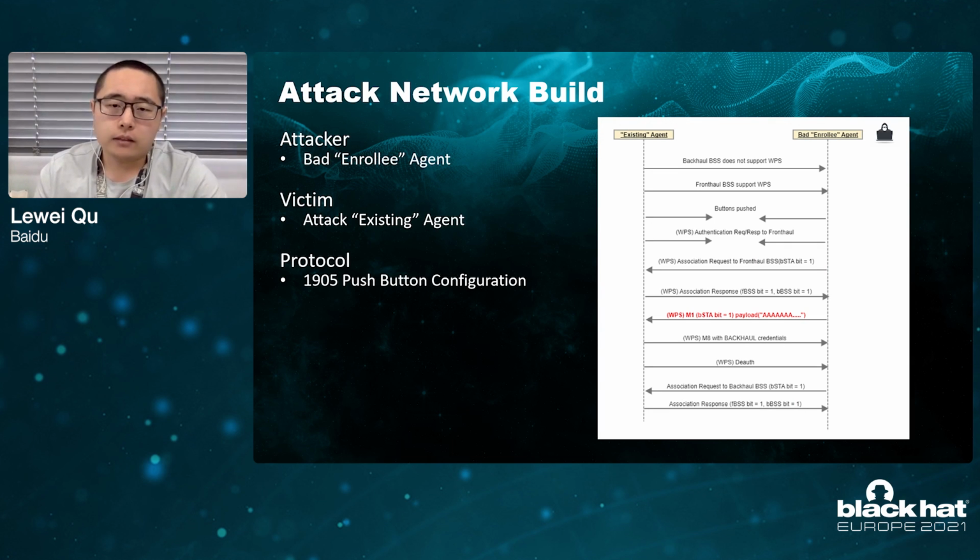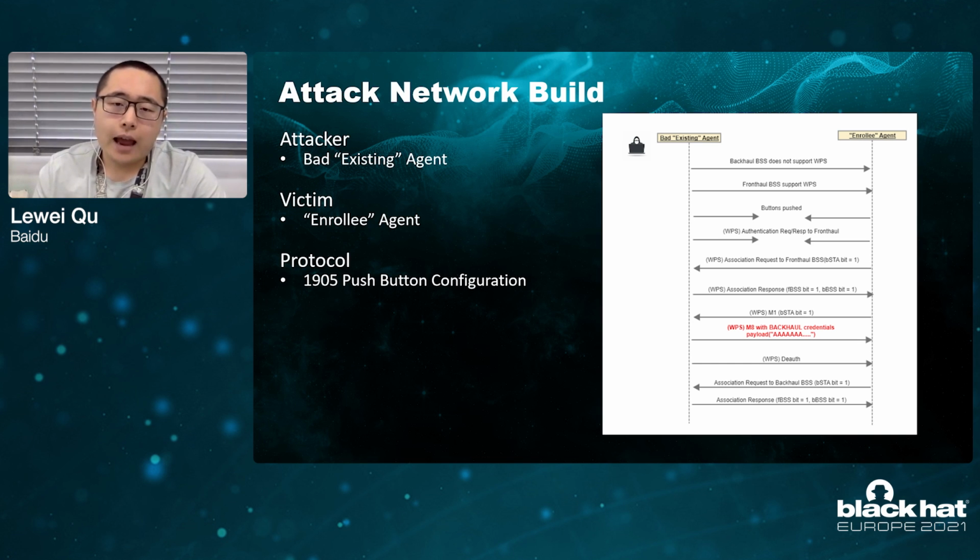Here, look at the attack surface of mesh network build. First, an attacker disguises a malicious enrollee device to attack the existing agent. It could send malformed packets in the progress M1, M3, M5, M7 of 1905 PBC, which could trigger security issues in the TLV parsing in the existing agent.